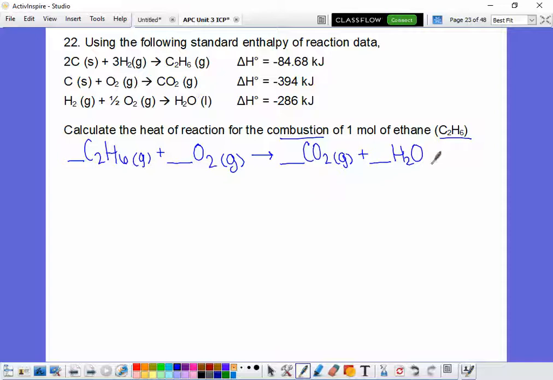In some combustion reactions, that water is going to be the liquid phase, some of it's going to be in the gas phase. It really depends on the reaction, so use your context clues to figure it out. What do we need to do with this? Balance it. I'm going to pause while you take a moment to balance this.